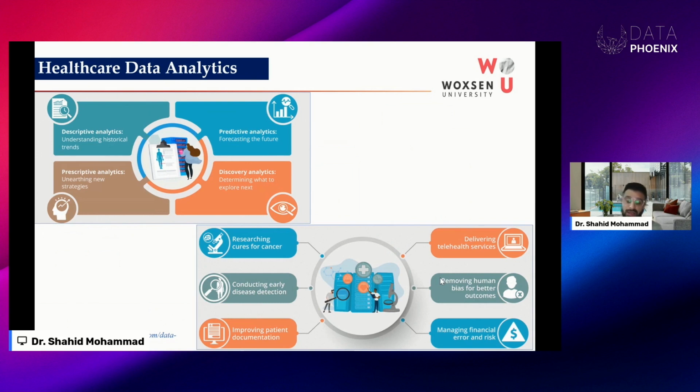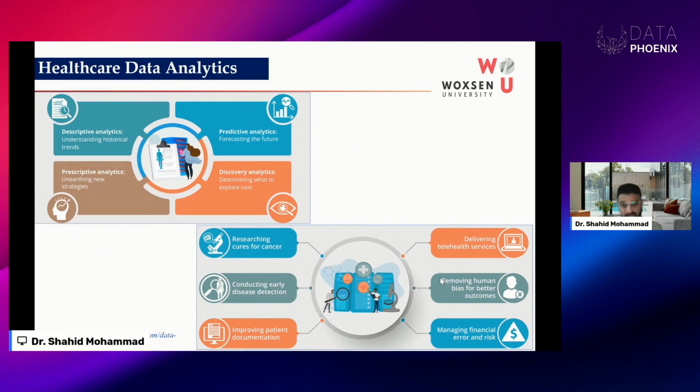So if we work very rigorously, or if we explore data in depth, we can support healthcare providers and practitioners to make better decisions regarding the disease. Even with the help of these data analytics types, we can reduce the costs of hospital readmissions.